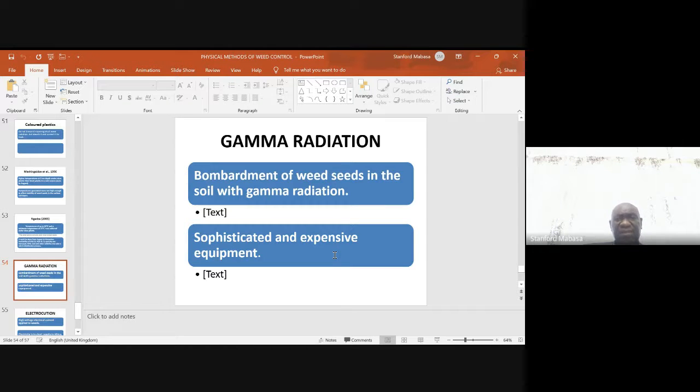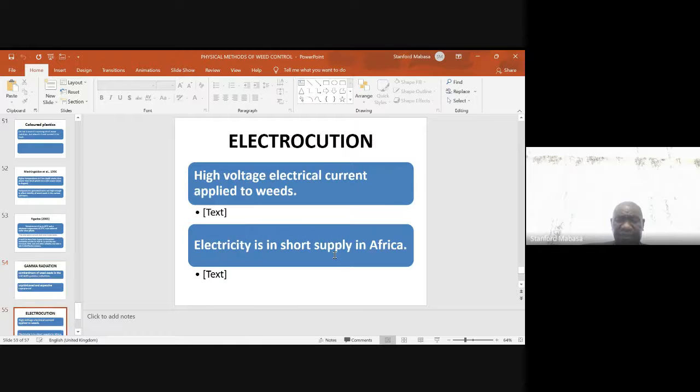Although this can kill some weeds, we may not afford to use gamma radiation. Electrocution, high voltage can be applied to weeds to kill them. But we know electricity is in short supply in Africa, so this method may not be suitable.